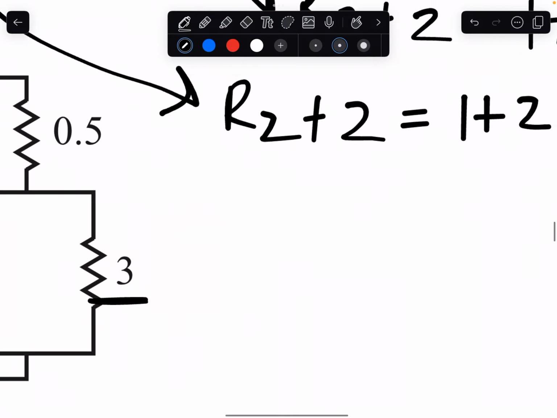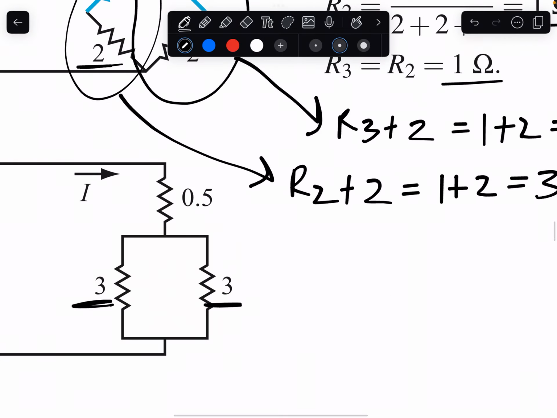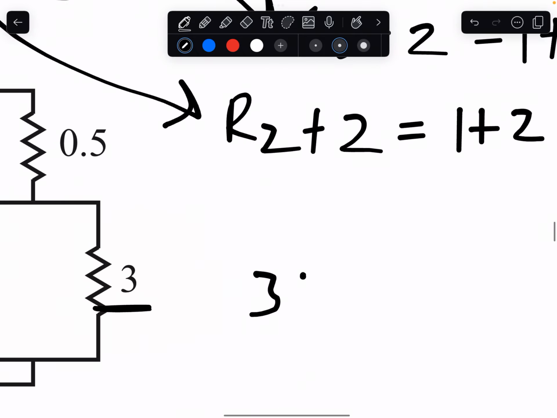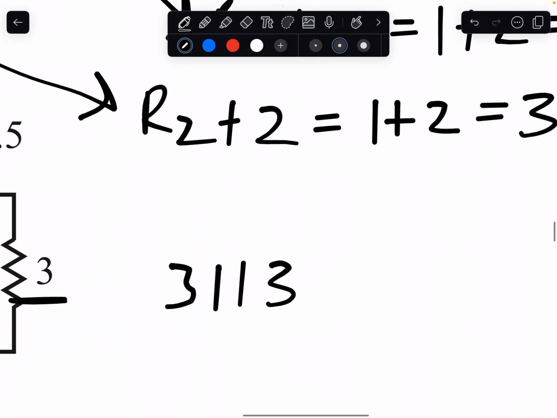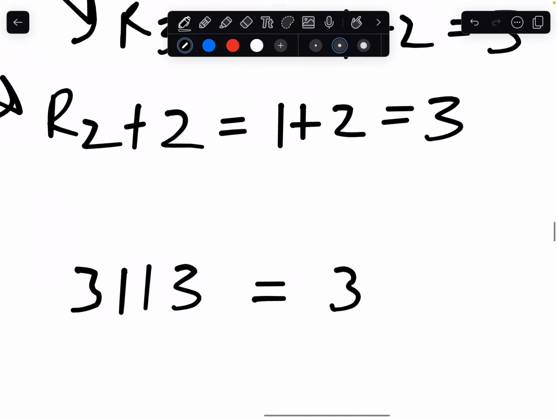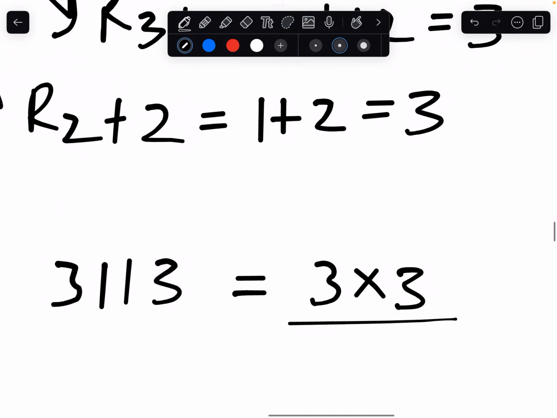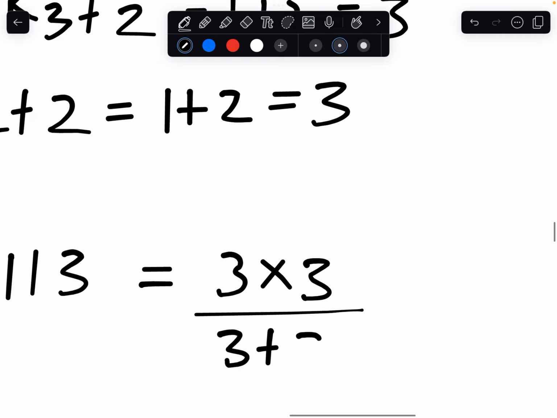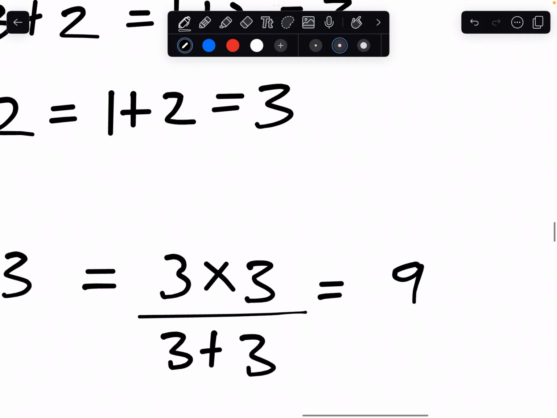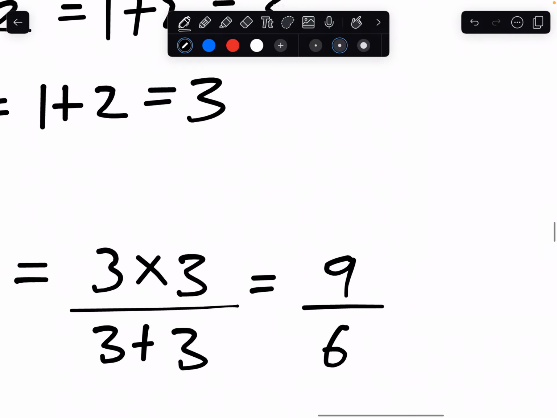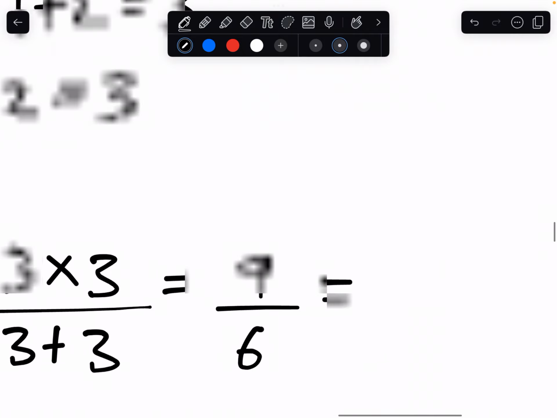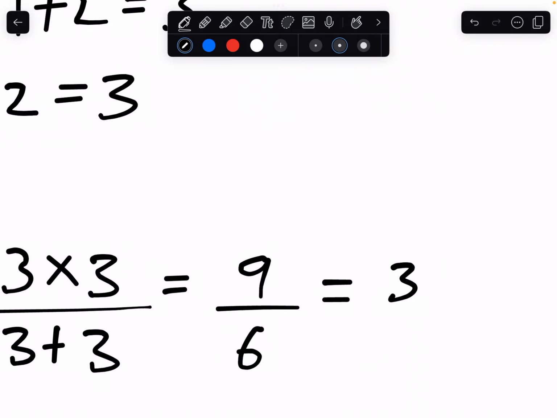So since they're in parallel, we could use the equation for two resistors in parallel, right? 3 in parallel with 3 is going to be 3 times 3 over 3 plus 3, which is 9 over 6, which is 3 halves, which is 1.5, right?